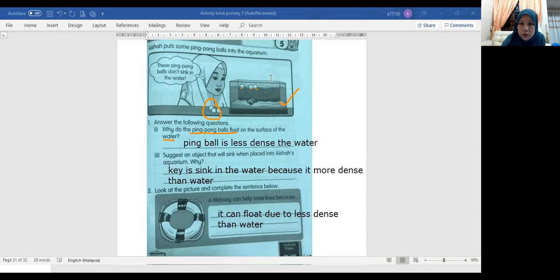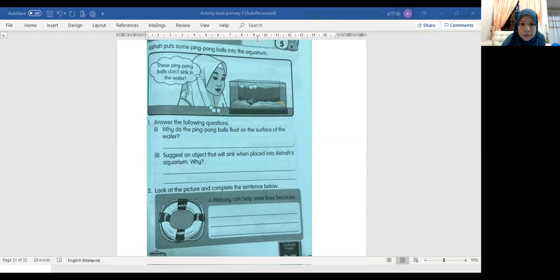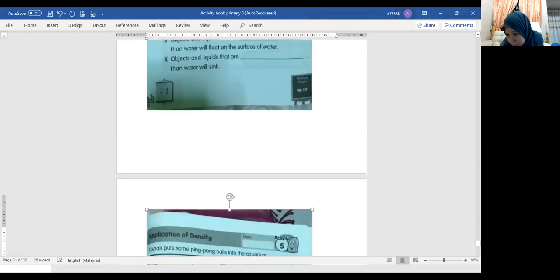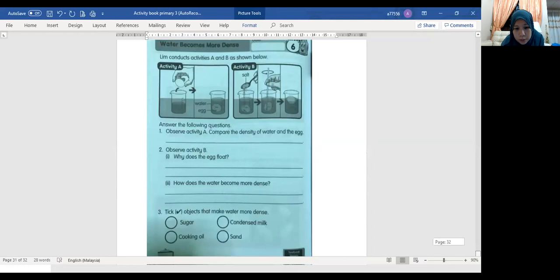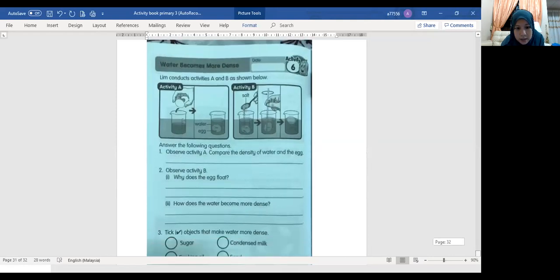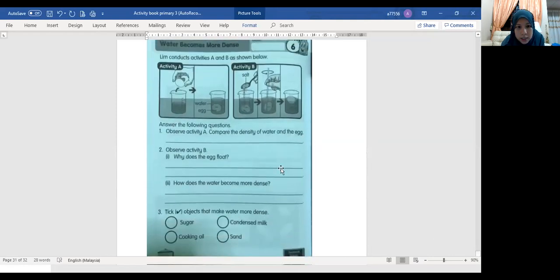Okay, now let's proceed to page 68. The last page here, water becomes more dense. Lim conducts activity A and B as shown below.